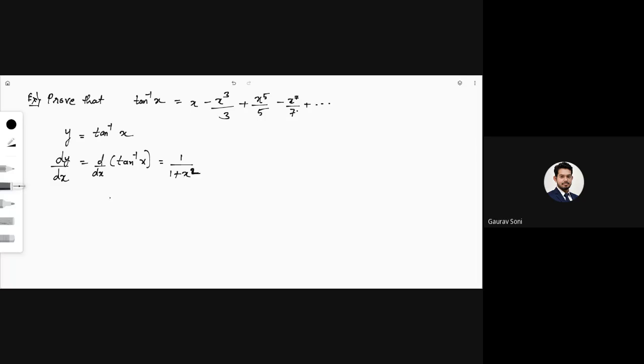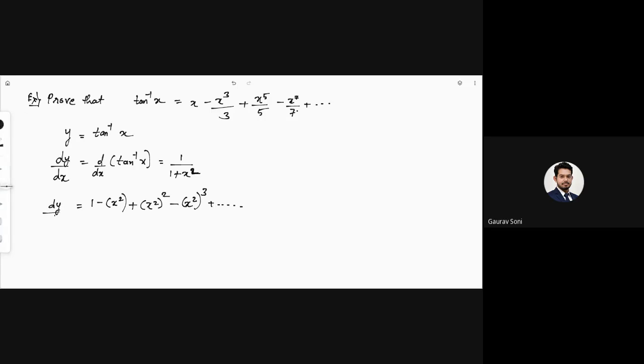So what is the series expansion of 1 upon 1 plus x square? So 1 minus x square plus x square square minus x square cube and so on.